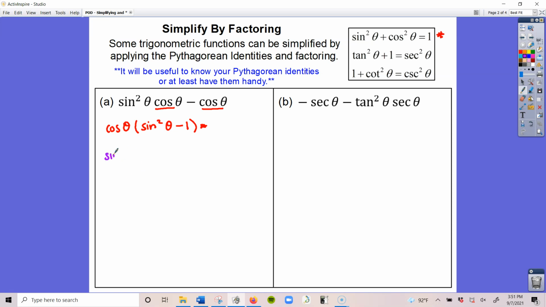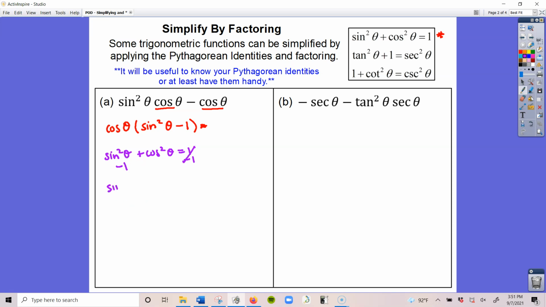we have sine squared plus cosine squared is equal to 1. Now, I see this expression, sine squared theta minus 1, and I see that I could probably get that from this identity by rearranging some things. So I can subtract the 1 and move it to this side.